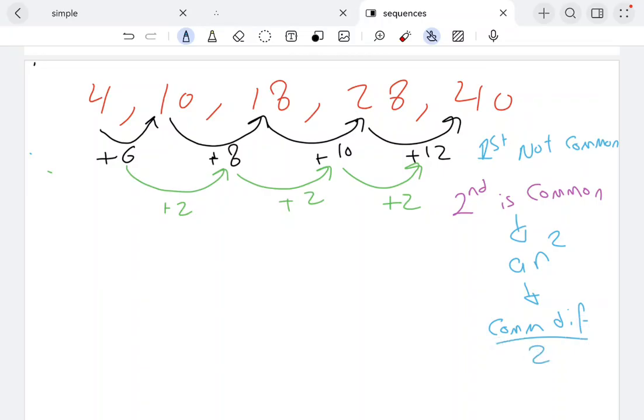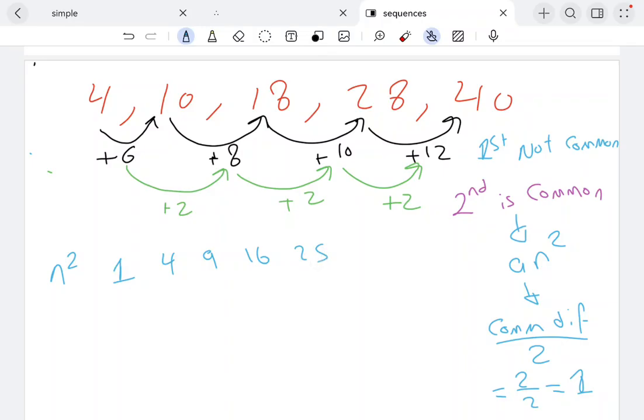So that means it's going to be 2 divided by 2, so it's going to be 1. So it's going to be 1n squared, so n squared. And then you may find quickly what n squared is. 1 squared is 1, 2 squared is 4, 3 squared is 9, 4 squared is 16, 5 squared is 25.